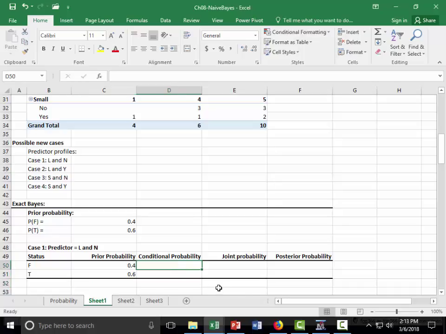Now for the conditional probability, conditioned on what? Conditioned on the predictor profile.